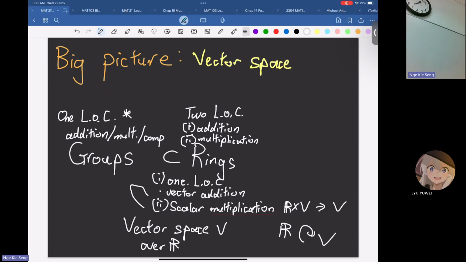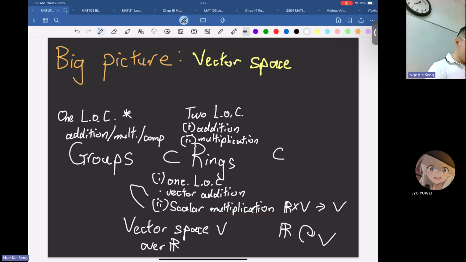Okay, so this is a vector space. You can ask about algebra. What is algebra here? I'm not sure you introduced the formal definition of algebra yet or not.